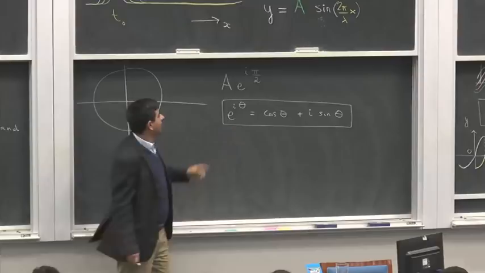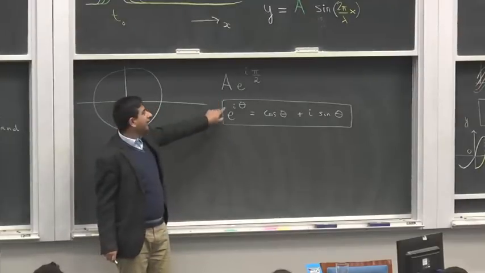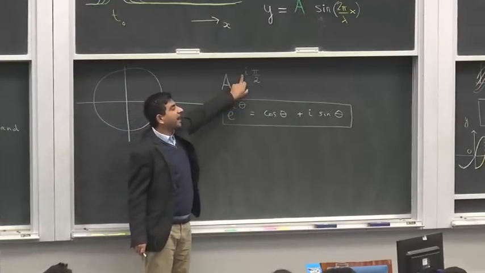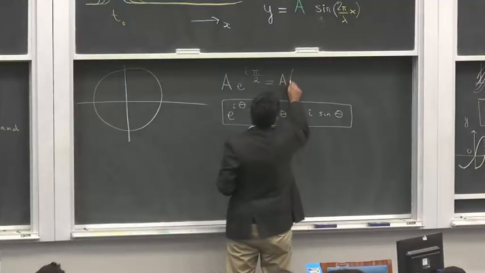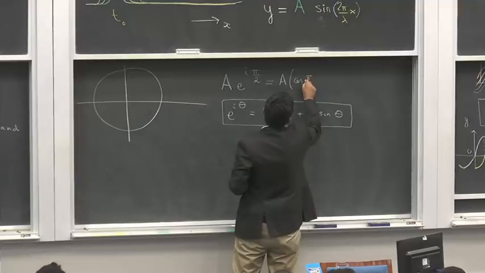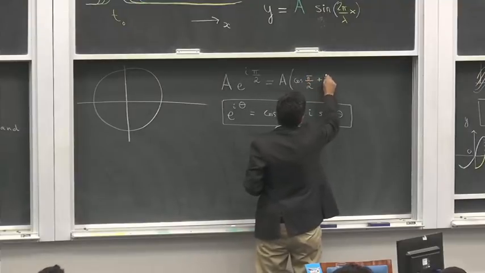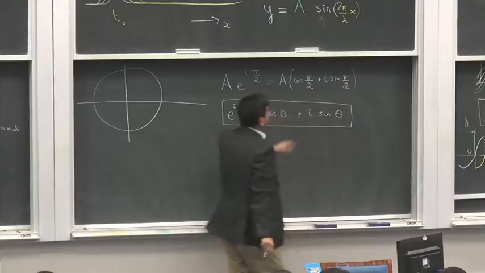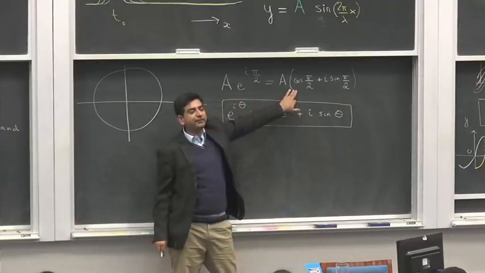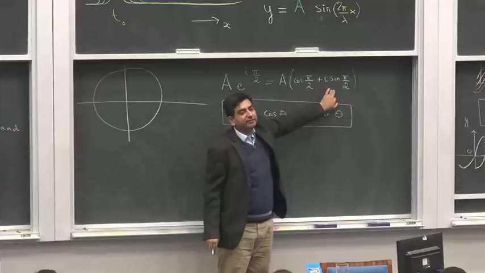Okay? Now, according to this formula, A into e raised to power iota pi by 2 becomes A cosine pi by 2 plus iota sine pi by 2. Now what is cosine of 90 degrees? 0. Sine of 90? 1.